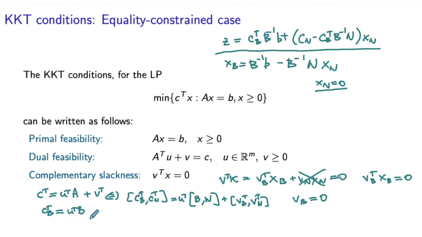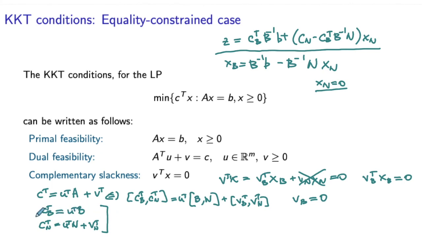So this is it for the part corresponding to the basic variables. And for the part corresponding to the non-basic variables, we have Cn transposed is equal to U transposed N plus Vn transposed.